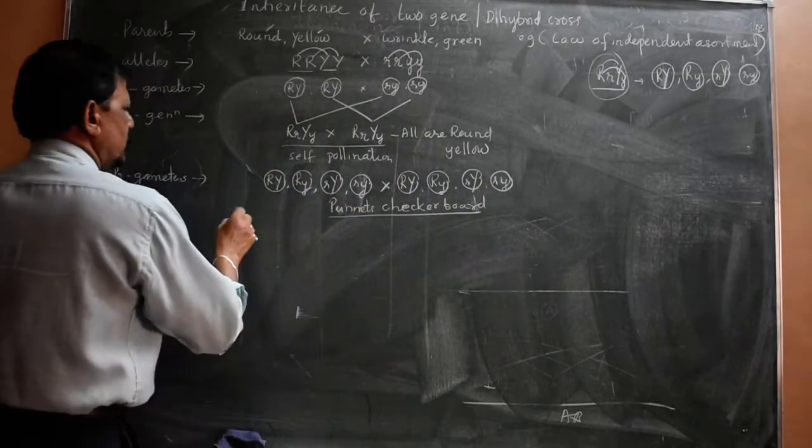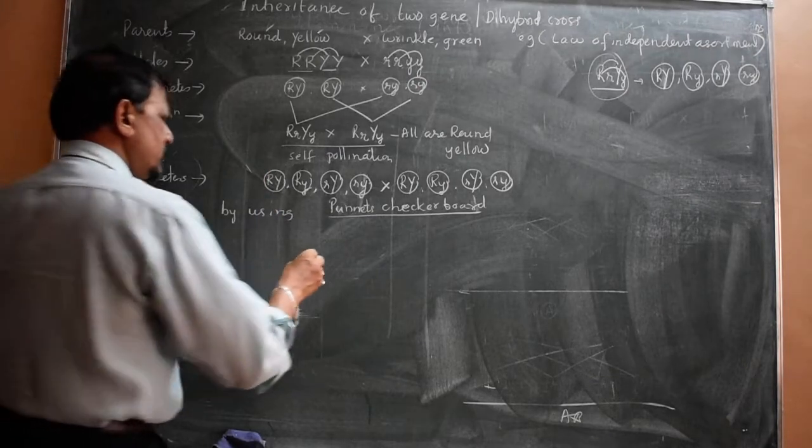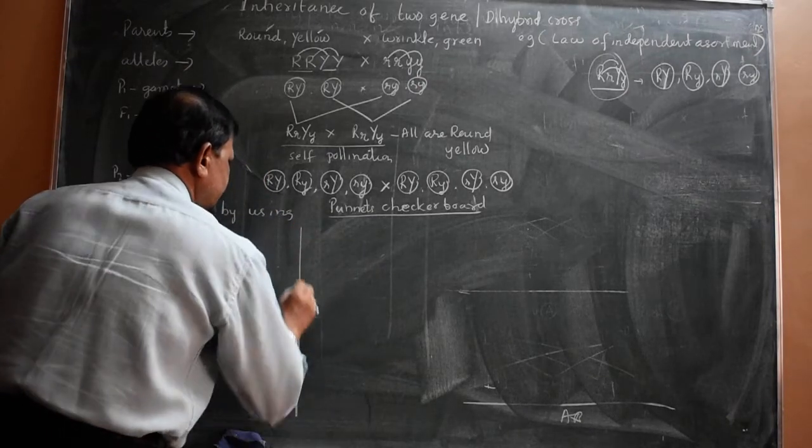Punnett's checkerboard system. Now you have to make a column like this.